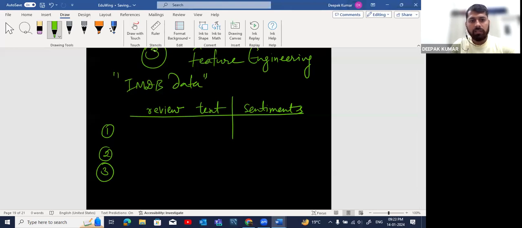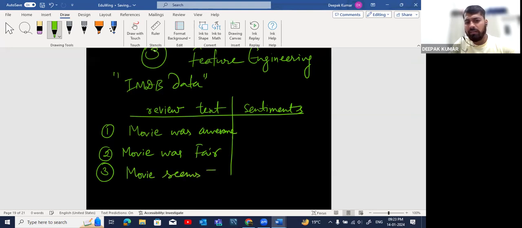Say somebody said, movie was awesome. The second review came: movie was fair. Somebody said, the movie seems to be not entertaining. It might be actionable, but not entertaining, because the person went for entertainment.